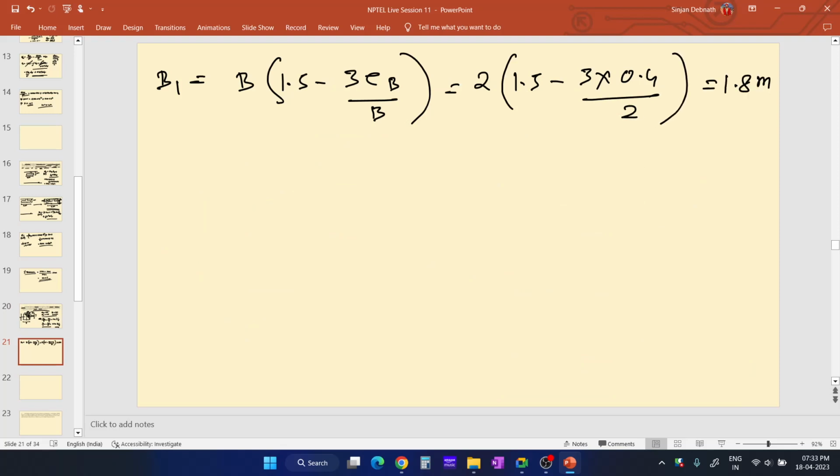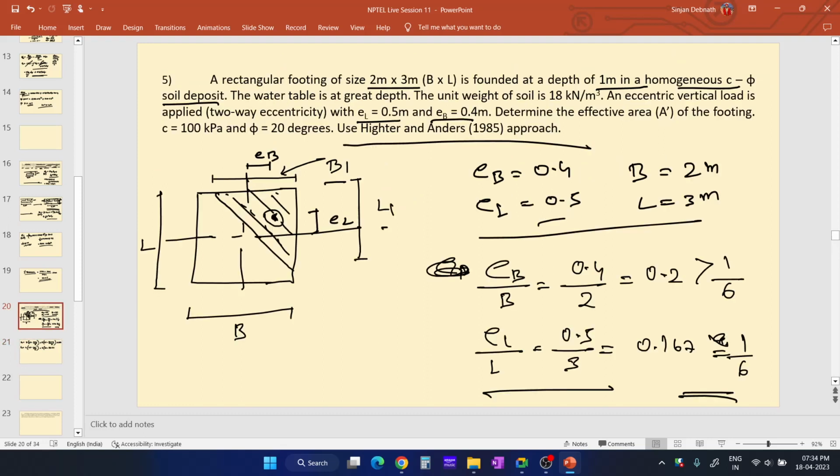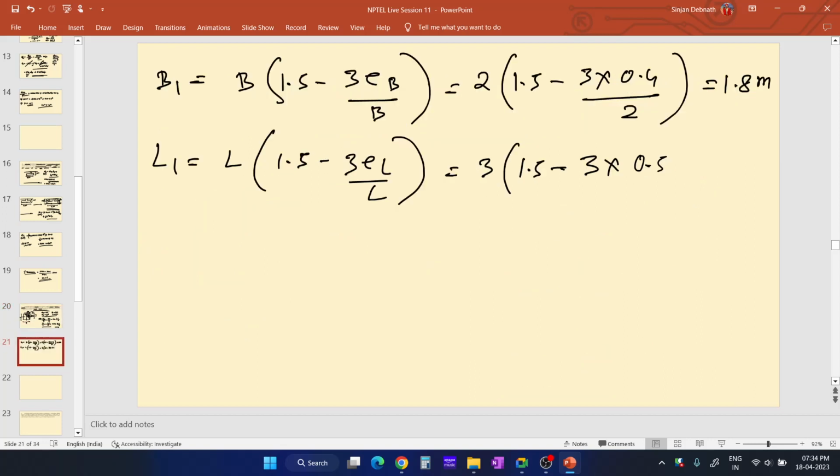And L1 is L into (1.5 minus 3 EL by L). L is 3 meter, EL is 0.5, so 0.5 by 3, and then this comes out to be 3 meter.